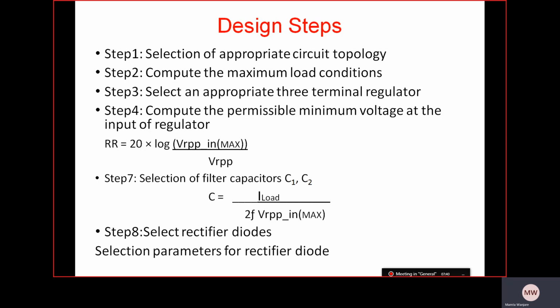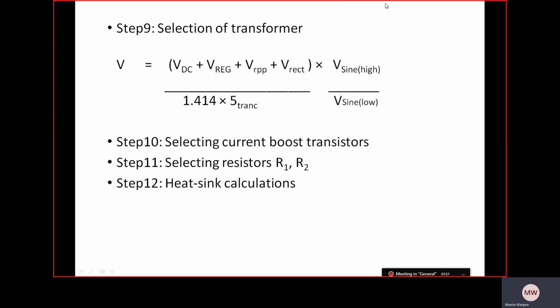Next step is selection of the rectifier diode. There are different parameters as selection criteria for rectifier diodes: PIV rating and surge current. From that we select the rectifier diode. Next step is selection of the transformer. There are different types of transformers available: step down transformer, step up transformer.